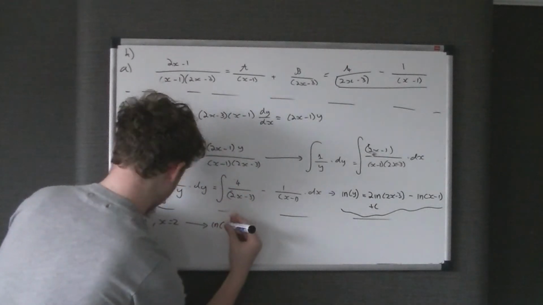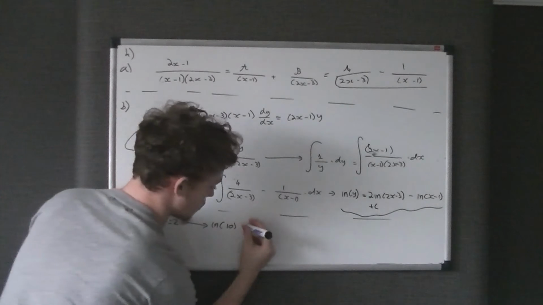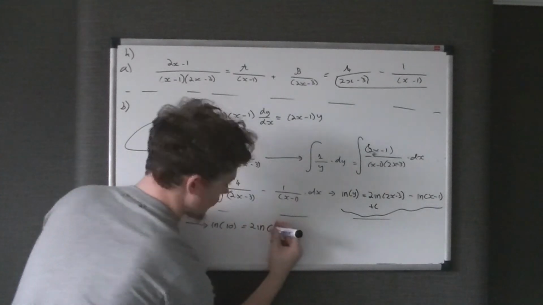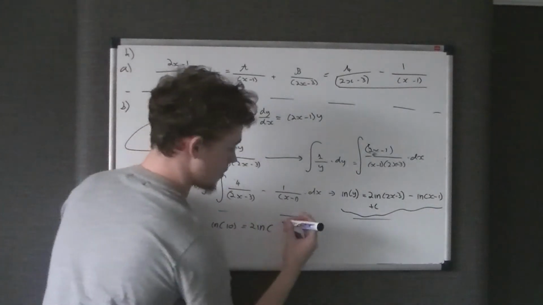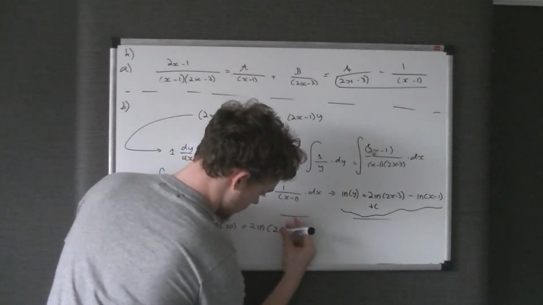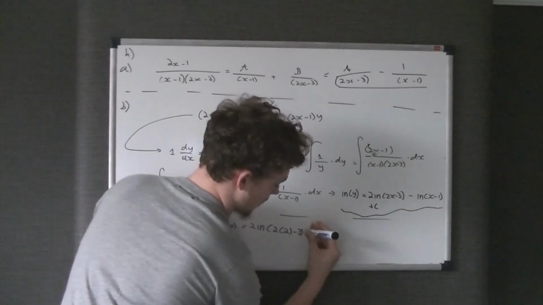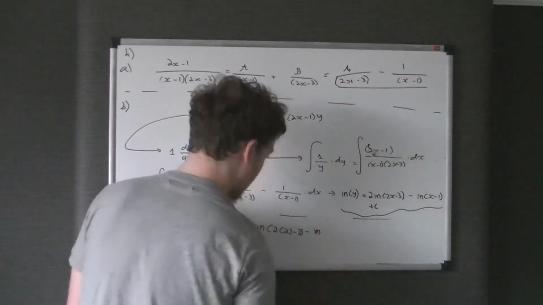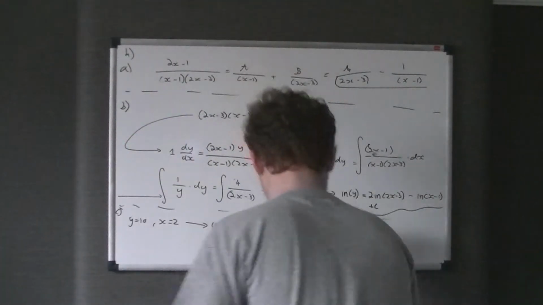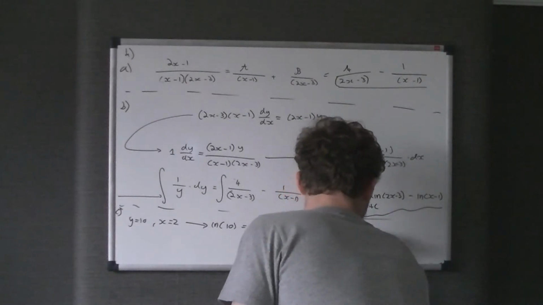So it's the ln of y, we know y to be 10, so the ln of 10 is equal to 2 ln of, well, we know x is 2, so it's 2 times 2 take 3, which is the ln of 1, but we can go to that in a minute. Take the ln of x take 1, which is the ln of 1, plus c.